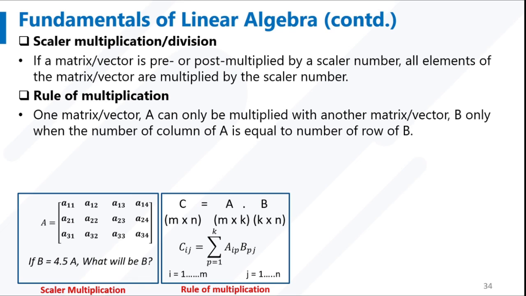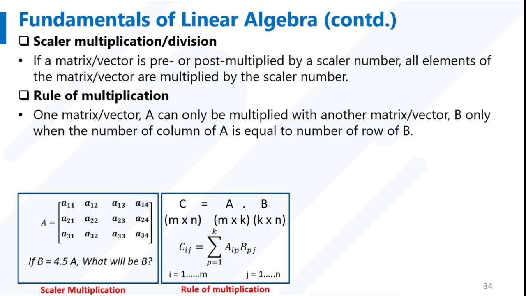So you can remember by this that the k will be dropped. So the number of rows of the A matrix and the number of columns in the B matrix will be the number of rows and columns in the C matrix. So how to do the multiplication? This is given by this formula: Cij equals the summation over p from 1 to k of Aip multiplied by Bpj.